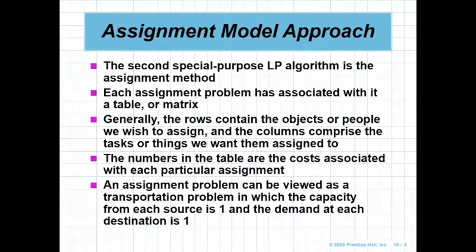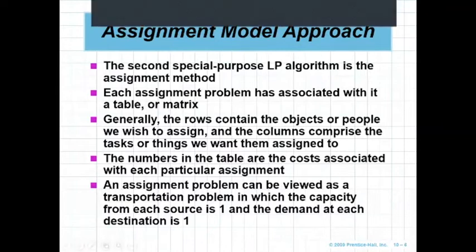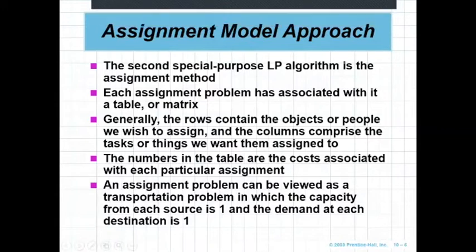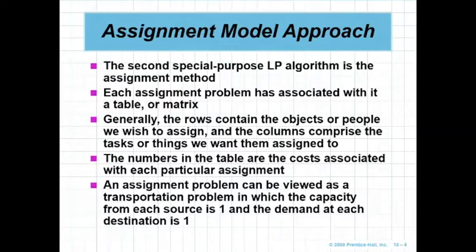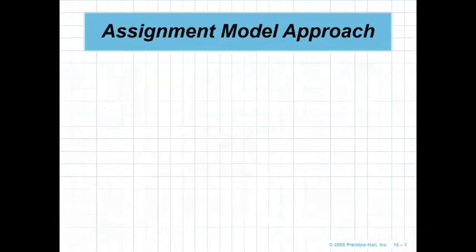The last one is the most important: its source is 1 and its demand, its destination, is 1. An assignment problem can also be viewed as a transportation problem, but we will not discuss transportation in this subject because it is already covered by another subject.